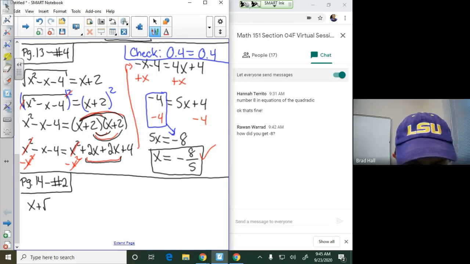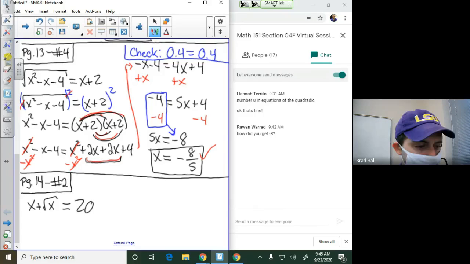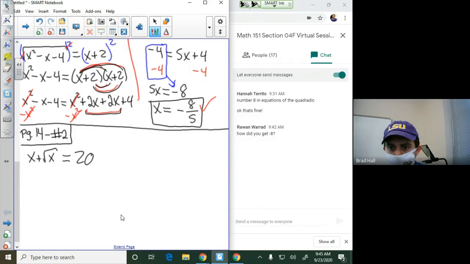x plus the square root of x is equal to 20. So this is from the substitution section. So technically, you can do this problem in one of two ways.